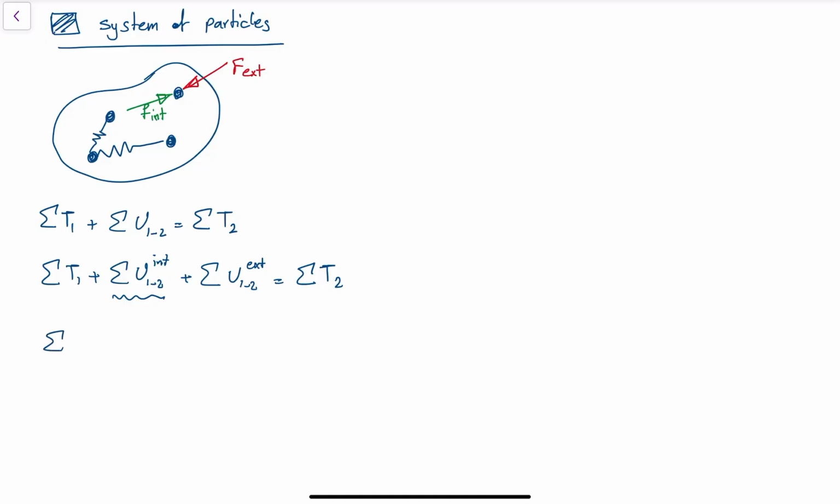And then you can write all the kinetic energies of all particles plus all the potential energies due to these elastic or could be gravitational, and this should equal the final kinetic and final potential energies.